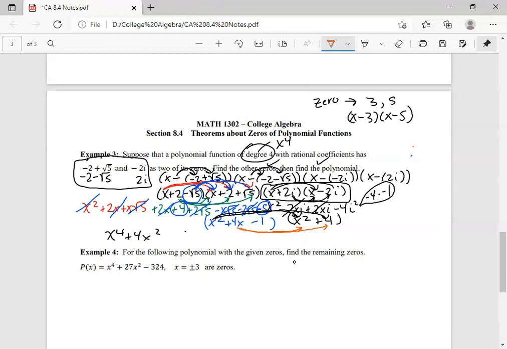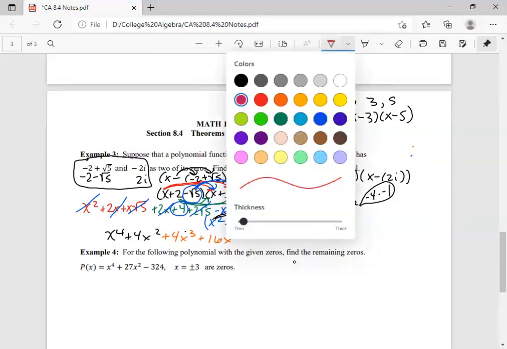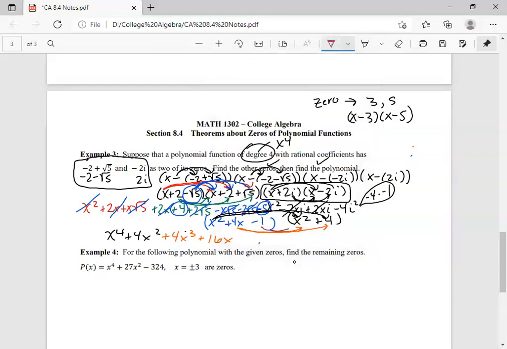So 4x times x squared would be plus 4x to the 3rd, and 4x times 4 would be plus 16x. Then our last negative 1 still has to be multiplied by both of these things over here. So negative 1 times x squared is negative 1x squared. Negative 1 times 4 is negative 4.